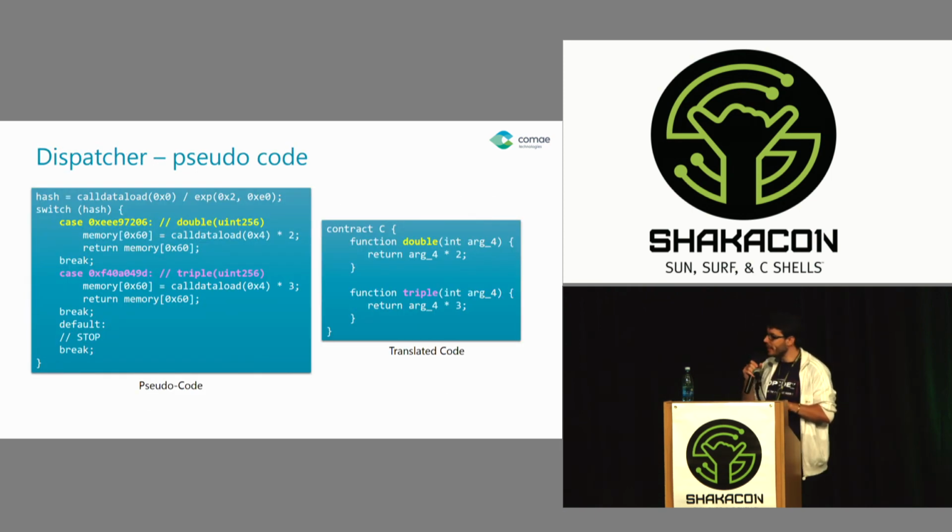So if we translate the actual dispatcher into pseudocode, that is what would come out of it, and on the right would be the decompiled view that we would manage to extract from it. Most memory operations using mstore and mload will be temporary, so that would be the temporary buffer.